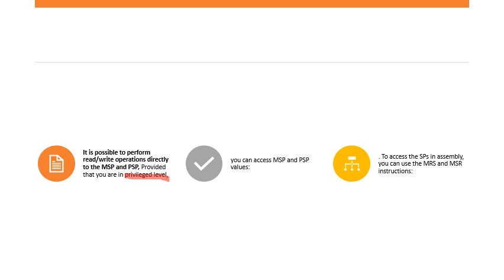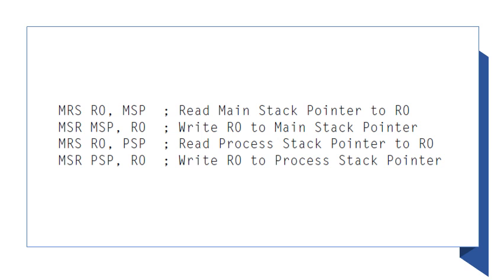To access the stack pointer in assembly language, we can again use the MRS and MSR instructions. A few instructions to note: MRS R0, MSP, with destination and source. The main stack pointer content is read through the R0 register. MSR means to write. The present state of the main stack pointer can be written to R0.